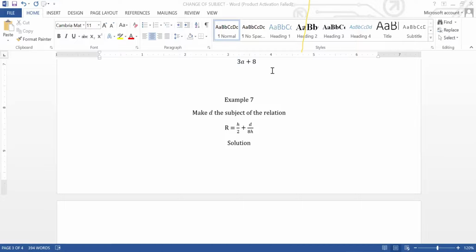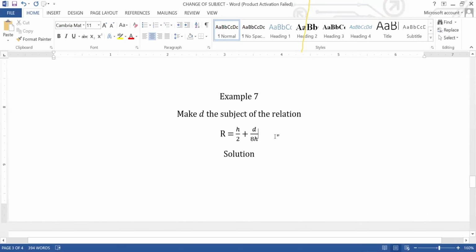Perfect. All right. Now listen, with example 7, you have this and you're being asked to make d the subject. Whenever you see a fraction, you need to multiply through by the LCM or the least common denominator. The common denominator means a denominator that all the denominators will be able to divide into.